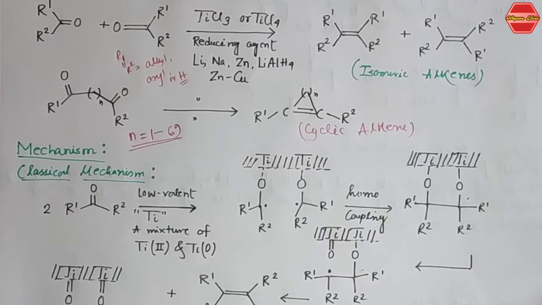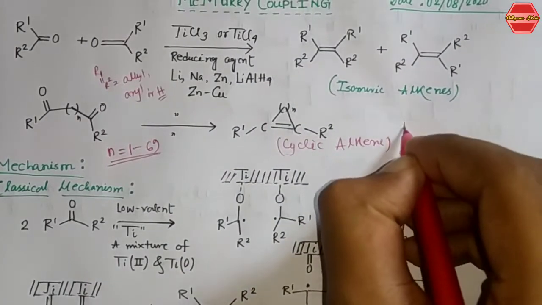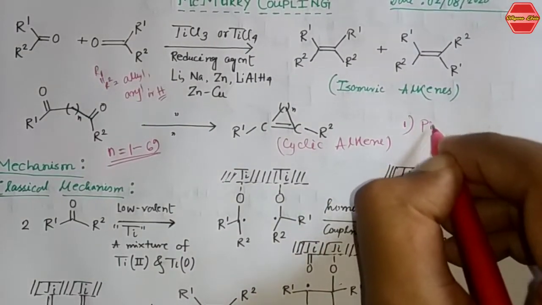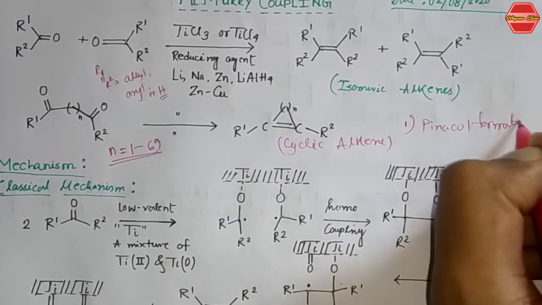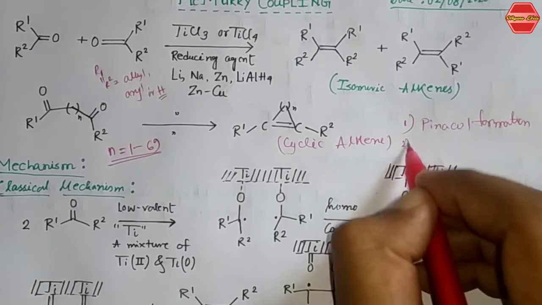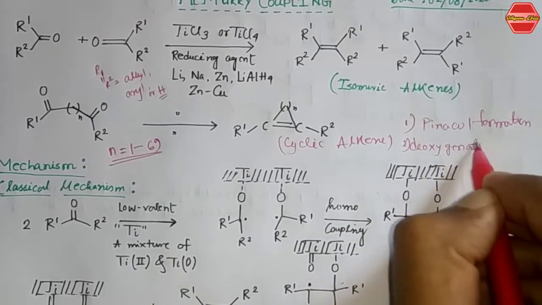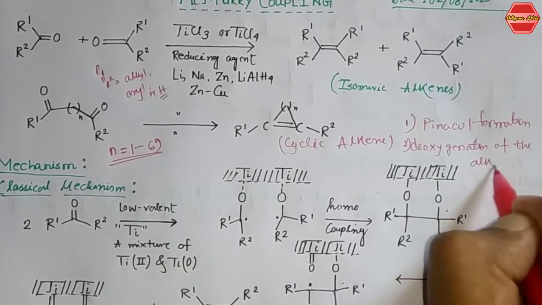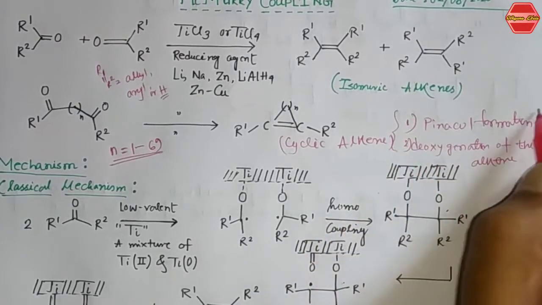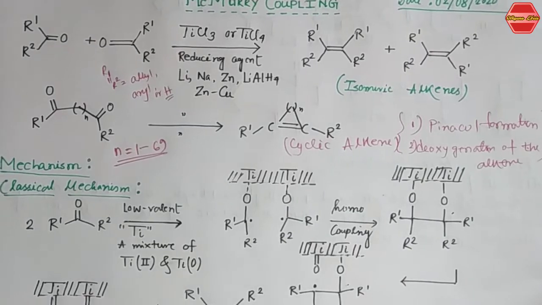The first one is the pinacol formation, and the second one is the deoxygenation to the alkene. I have written over here: the first one is pinacol formation, and the second one is deoxygenation to the alkene. These are the two distinct steps in the mechanism of this McMurry coupling.